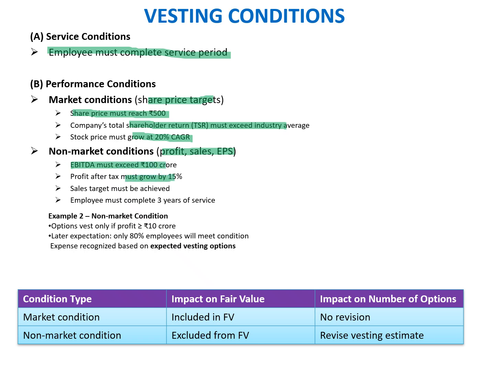So these are conditions on the basis of which the equity or the cash equivalent to the equity would be given if these conditions are met. Some are market conditions, some are non-market conditions. But the impact on the fair value and the treatment would be different.